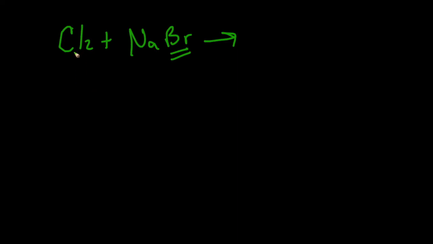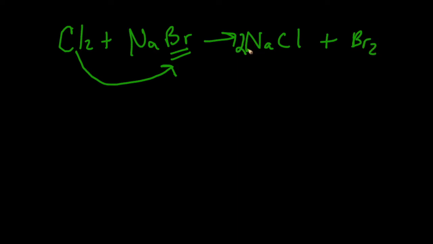And we see the halogen that wants to take the place of bromine, which is chlorine, and chlorine is above bromine, so it means a reaction will take place. So we have NaCl plus Br2. Now to balance our equation, we'll put a 2 in front of the NaCl and a 2 in front of NaBr. So we'll have 1, 2, 2, 1 coefficients.